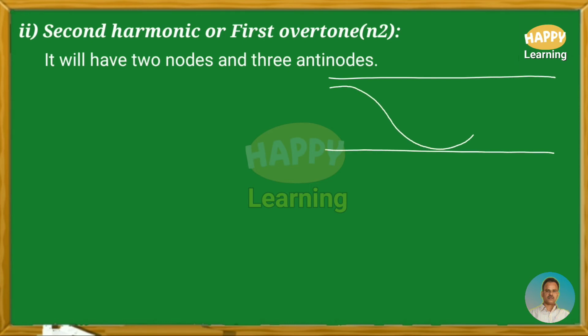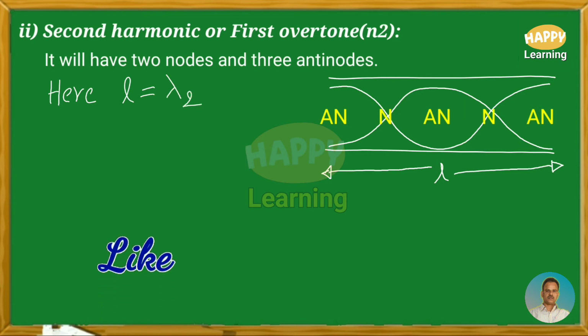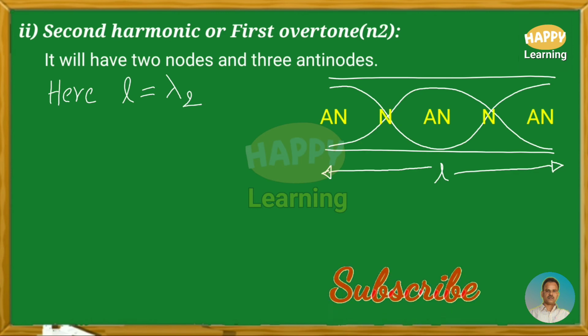We have definitely an antinode at both ends, and in between we have 2 nodes. In the fundamental case, 1 node; here it is 2 nodes. At the outer edges, definitely antinodes only. Here, the length of the tube L equals lambda 2. Half plus 1 plus half together, 2 loops, therefore L equals lambda 2.